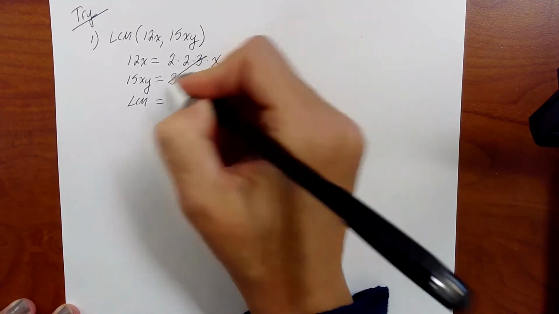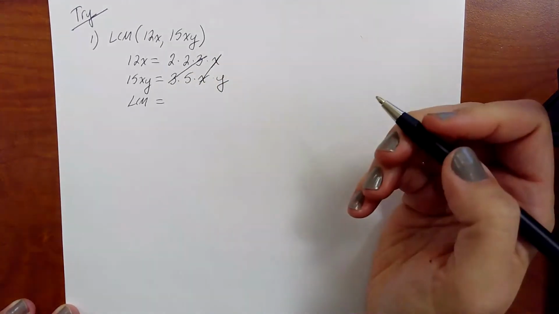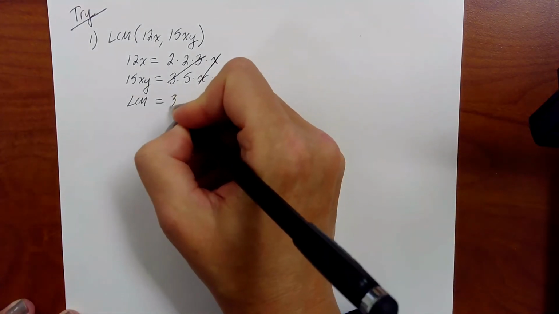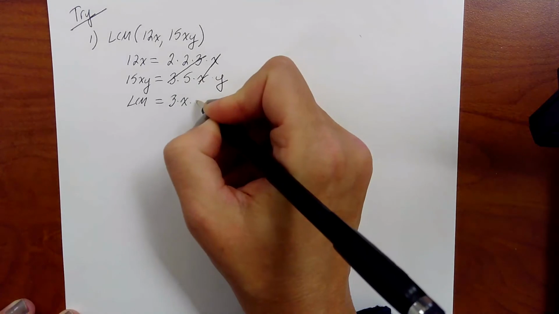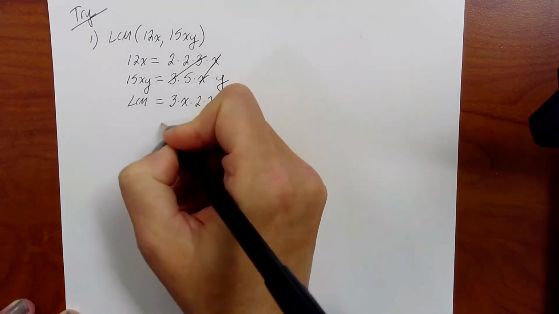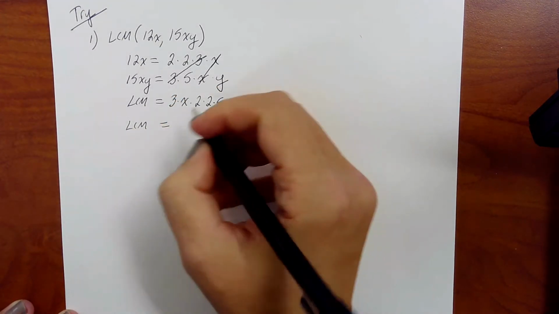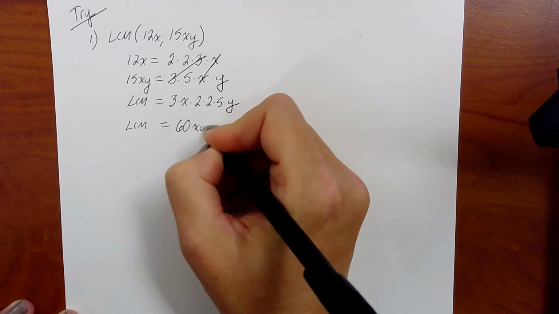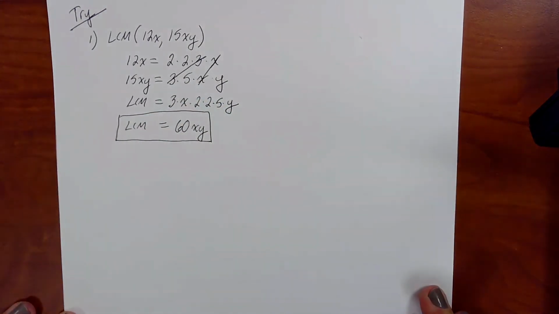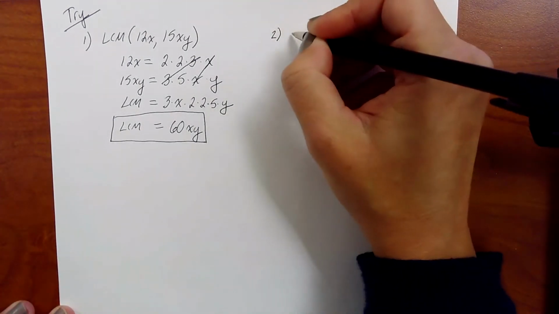We've got a 3, we've got an x. I always do the circled factors first. You can pick your own strategy, whatever you want. So I'm going to say it's 3x and then everything else. 2, 2, 5, y. So that's going to be 6 times 10, that's 60, xy.